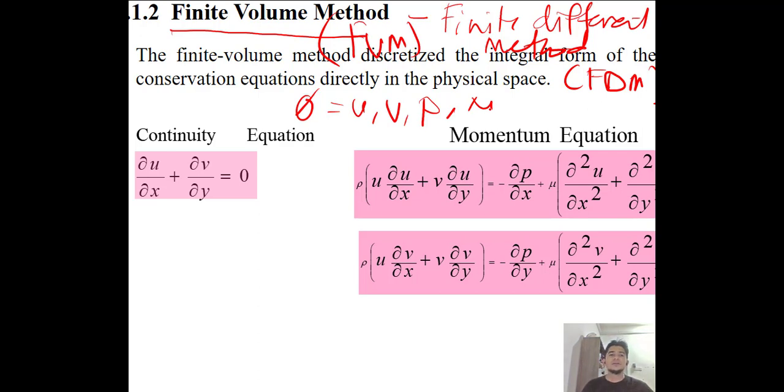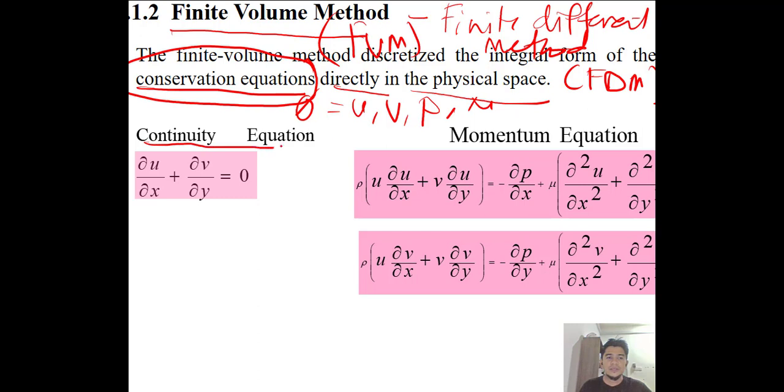stress. Okay, so the finite volume method discretizes the integral form of the conservation equations directly in the physical space. When we talk about the conservation equations, we refer to the continuity equation, the momentum equation, and another one, the energy equation. Okay, so for the momentum equation for two-dimensional, incompressible, steady flow, we use this equation.